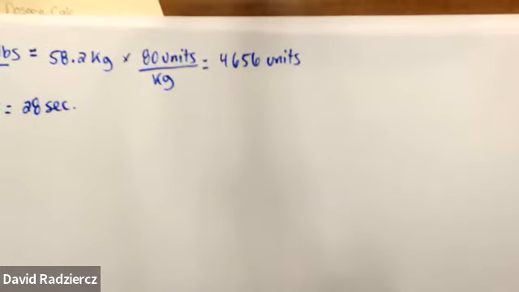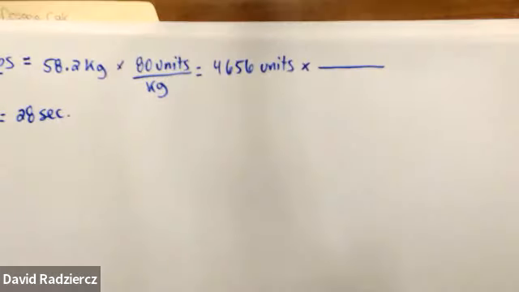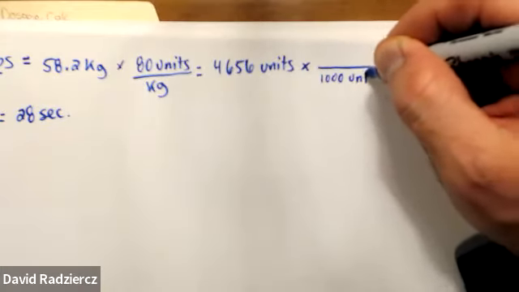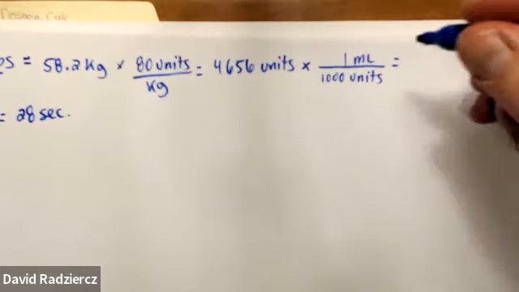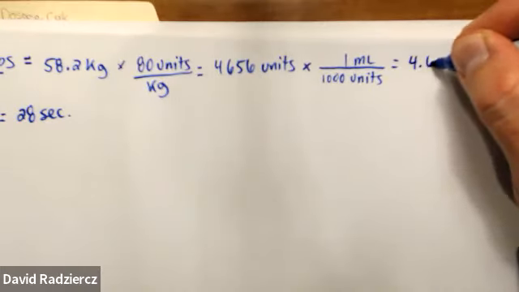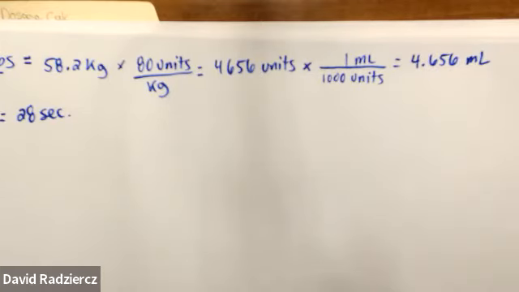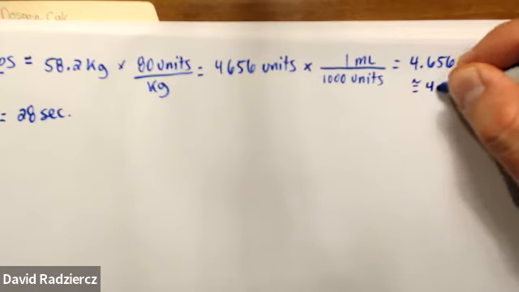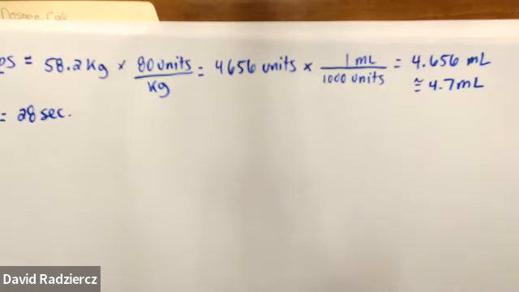We don't want units though, right? We want milliliters. So I'm going to still use the same bolus dosage strength because we're following the same protocol, and that bolus dosage strength is still 1,000 units per milliliter. So my answer is going to be 4.656 milliliters, and we're going to round that to 4.7 milliliters, to the nearest tenth.